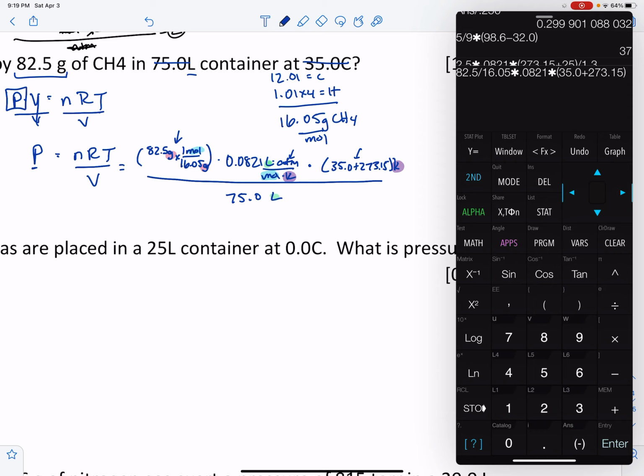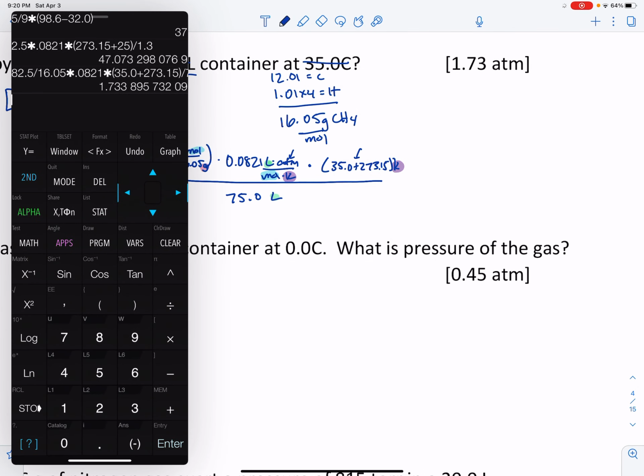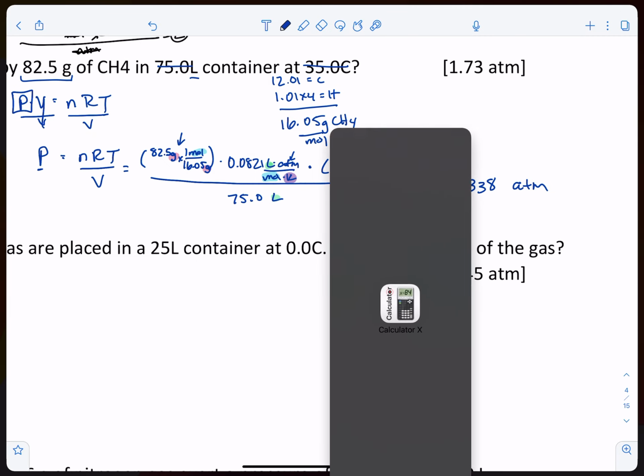So that whole thing divided by 75. I'm going to write a few extra digits, that gives me 1.7338. Again, I know my units are ATMs, and I'm going to double check.